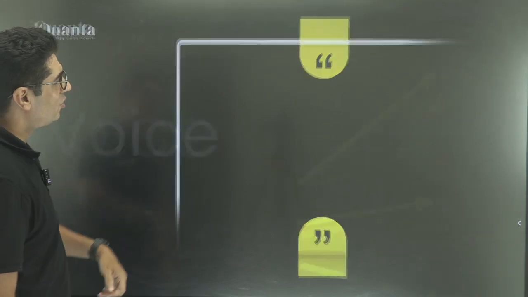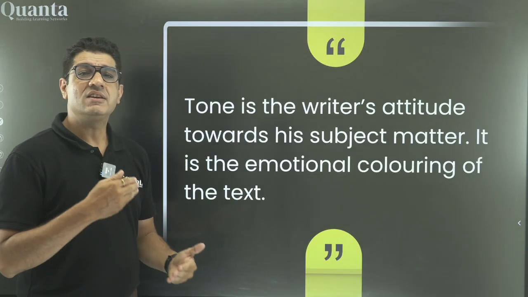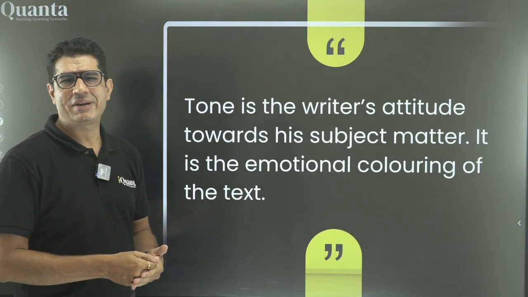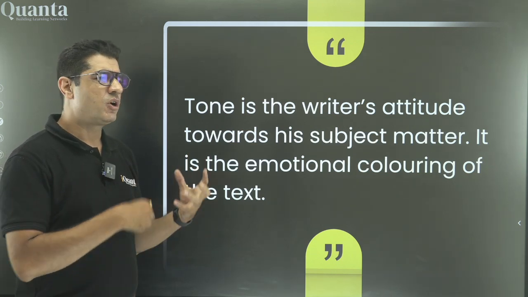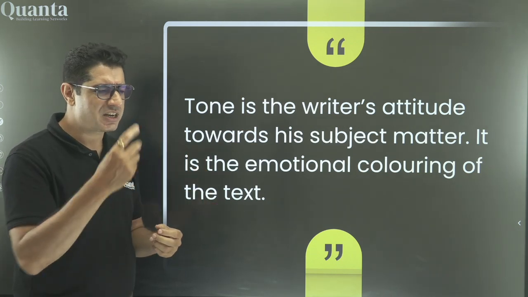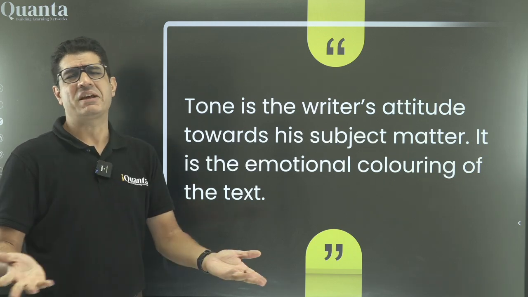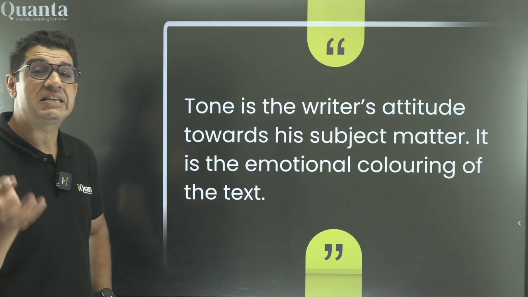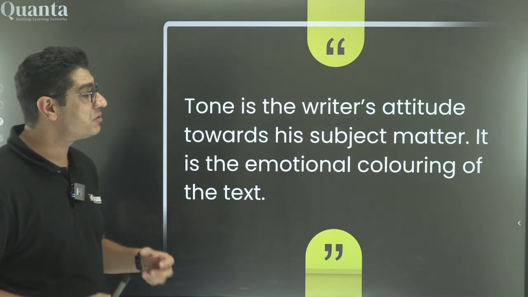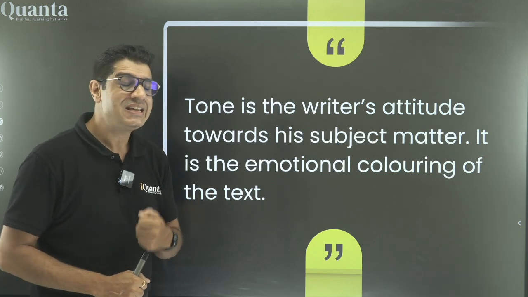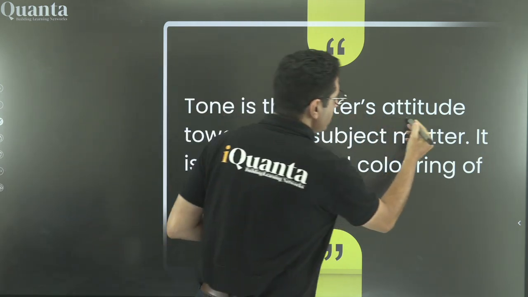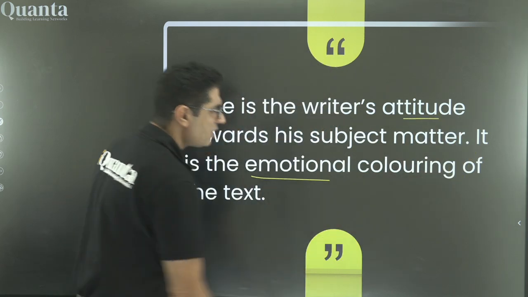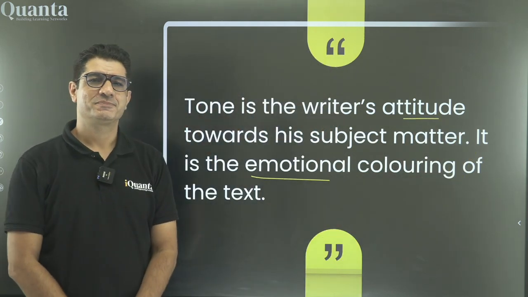Well, tone is nothing but the emotional coloring of the message or the attitude of the speaker towards an individual, towards a subject matter, towards a phenomenon, whatever. So whenever the examiner asks us about the author's tone, he is basically asking us that, hey, can you figure out the author's attitude or emotions?